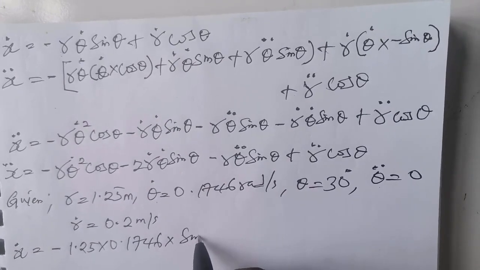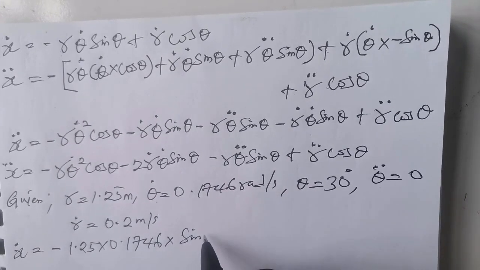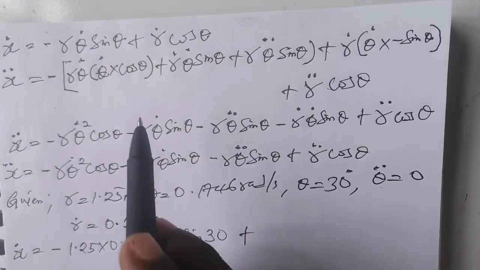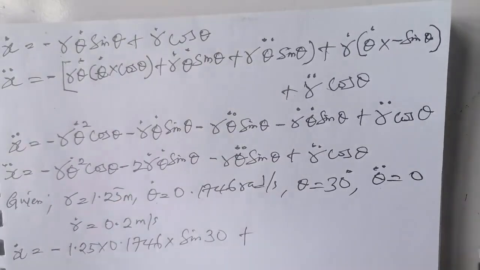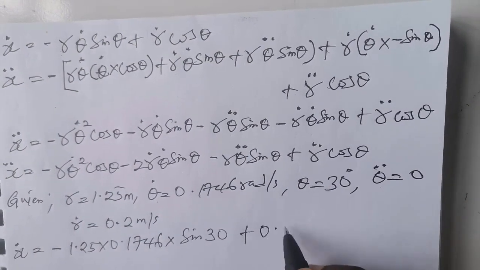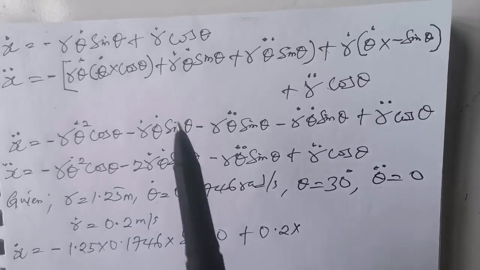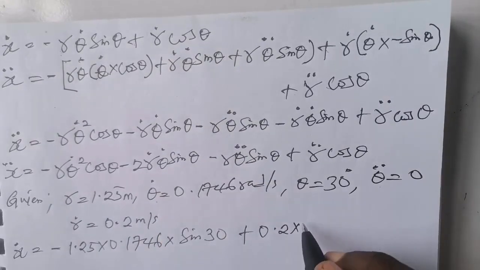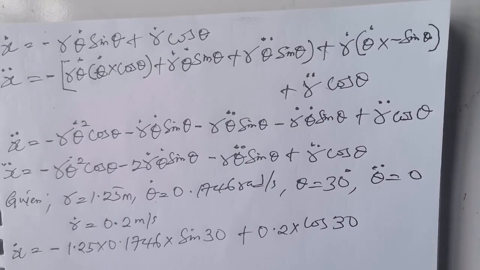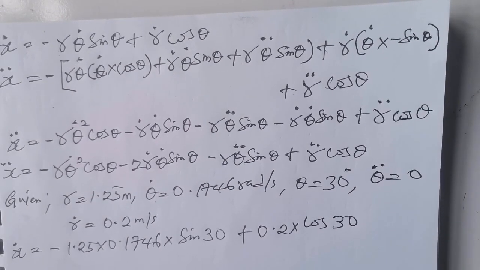So multiply sine theta itself is 30 degrees. So multiply sine 30. Okay, plus from here this is r dot cos theta, and r dot gave us 0.2, so you have plus 0.2 multiplied by cos theta, that becomes cos theta is 30, so you have cos 30. So let's evaluate and obtain a result for x dot.